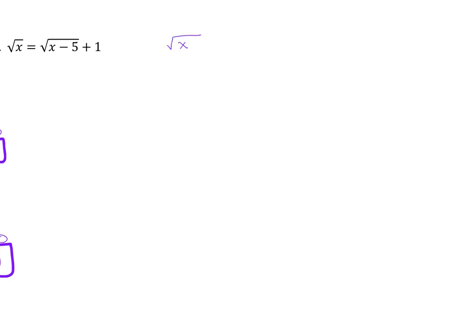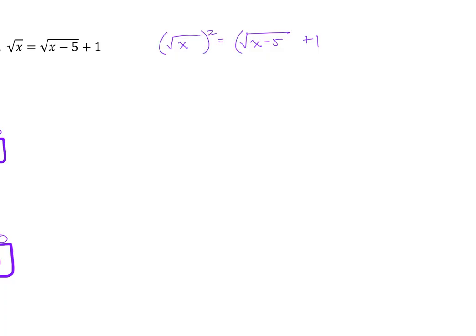All right, we have the square root of x equals the square root of x minus 5 plus 1. It does tell us to isolate the more complicated radical, but I do want to show you that it really does not matter all that much. So because I already have one of them isolated, I'm going to go ahead and just leave it as it is.